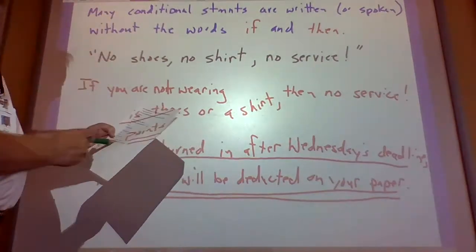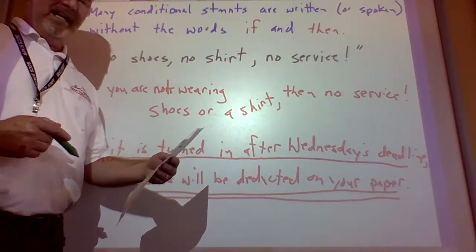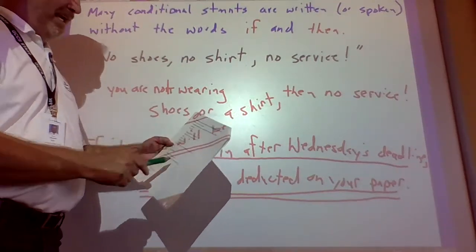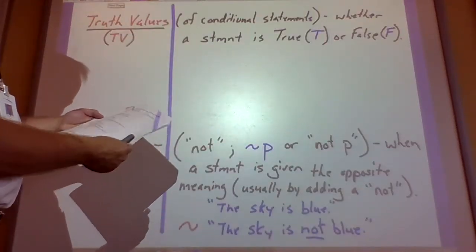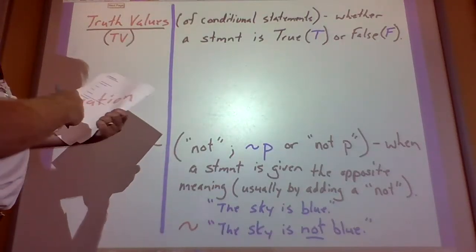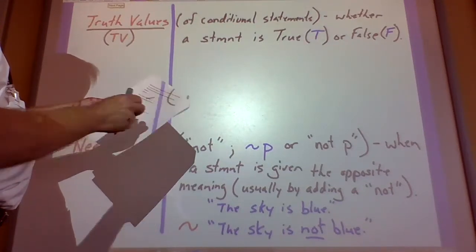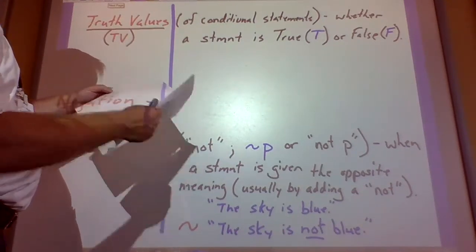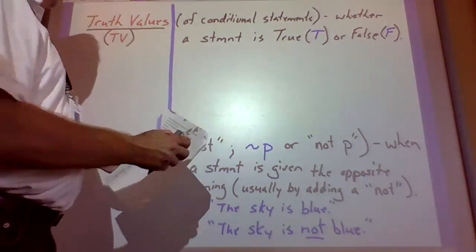And then we got some chances for you to write a conditional, an if-then form, and then indicate what's the hypothesis and the conclusion. Let's see if I got that loaded up here. No, I jumped down to truth value. Where's truth value? Okay, it's not really on here yet. So let's kind of ignore this for a second.